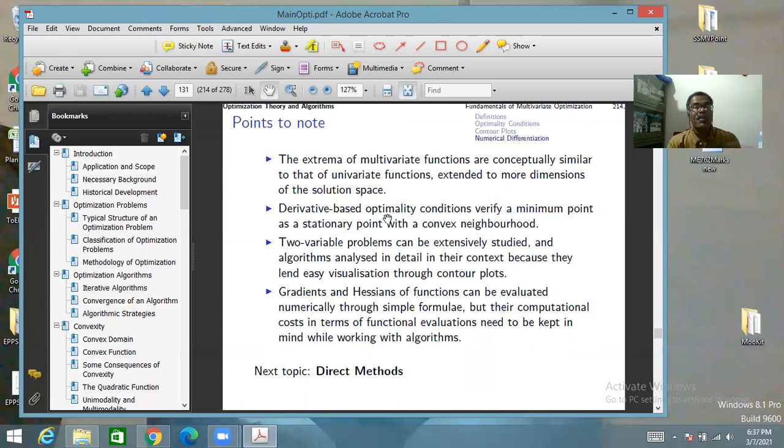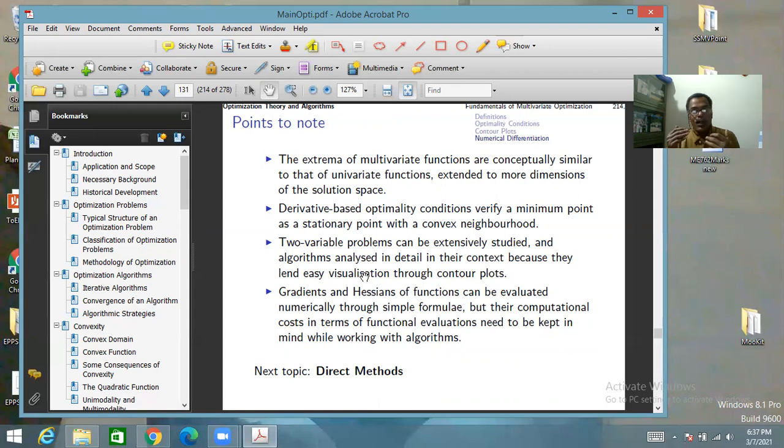And the differences from univariate functions come in the other two things that we did. One is that two variable functions cannot be shown in a simple graph of x versus f, but they can be shown in contour plots, and there it has an advantage over functions of more than two variables.